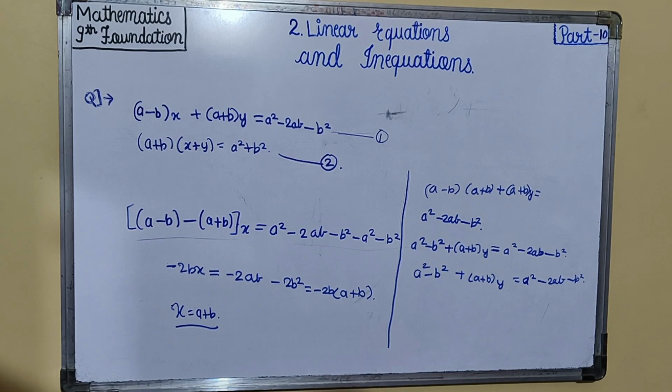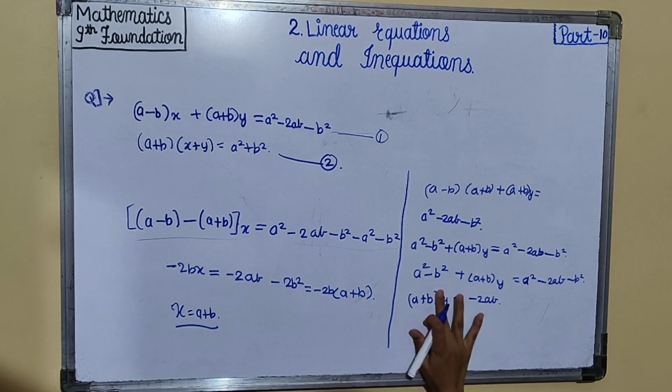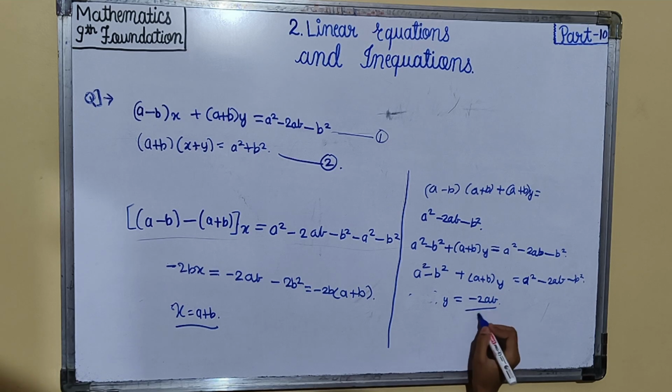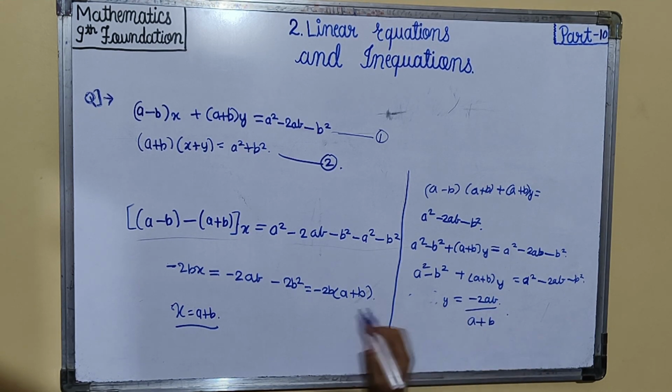Then we'll get (a plus b) multiplied by y equal to minus 2ab, means y is equal to minus 2ab upon a plus b. So x is equal to a plus b and y is equal to minus 2ab upon a plus b.